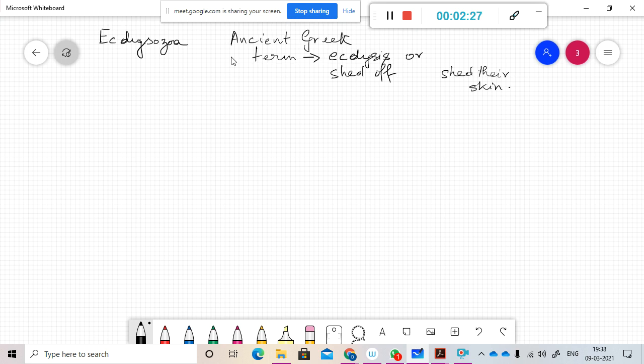Now this term was first given in 1997 by Aguinaldo et al.